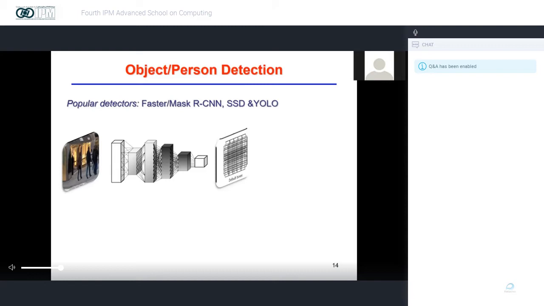It means we model the problem more as classification in order to find out if there is an object or not, and then if it is an object, what category it is.